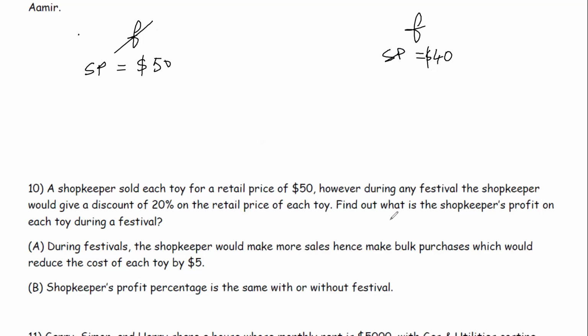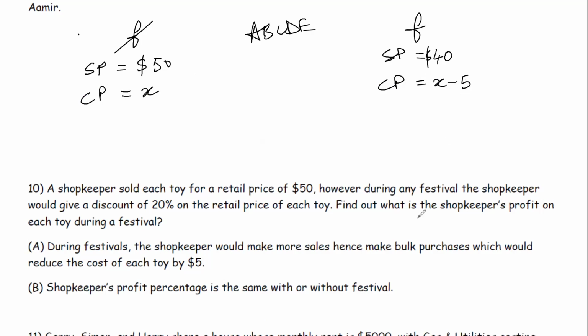Find out what is the shopkeeper's profit on each toy during a festival. All right, A, B, C, D, E. During festivals, the shopkeeper would make more sales, hence make bulk purchases, which would reduce the cost of each toy by $5. So if we assume that the cost price is X without festival, during festival it would reduce by $5, right?